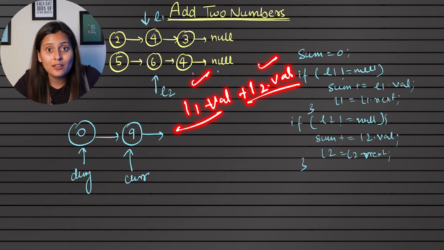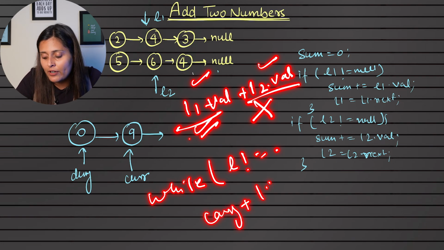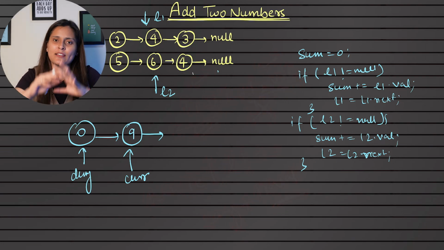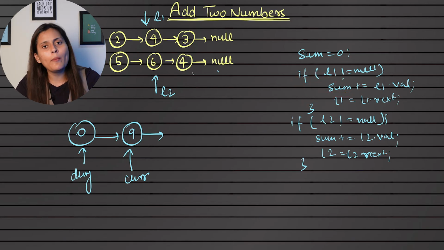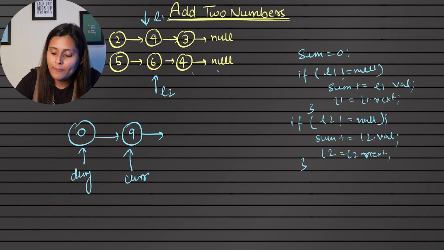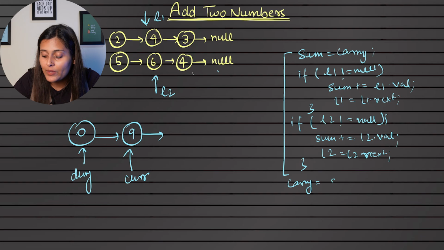If one does not exist, then again we have to keep writing that while L1 exists, suppose L2 becomes null, while L1 is not null, keep adding carry plus L1 dot value and keep creating new nodes, etc. So it's always better to check this: if L1 is null, no matter, keep adding L2 to it, and we can start our sum with carry, as we did earlier. Done. Now after this much code, what we did earlier with carry: carry was nothing but sum divided by 10. Done.